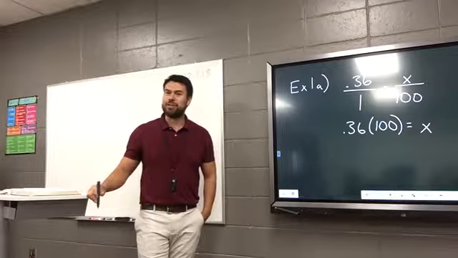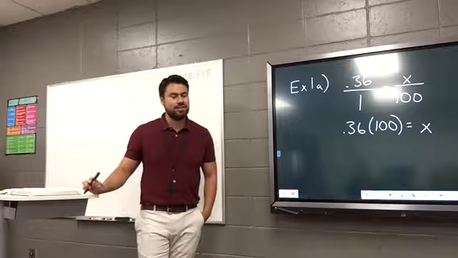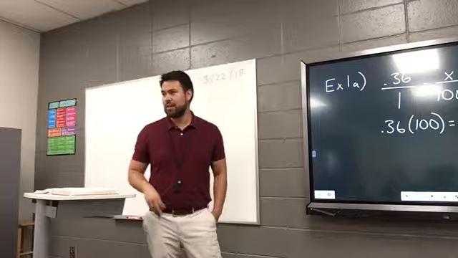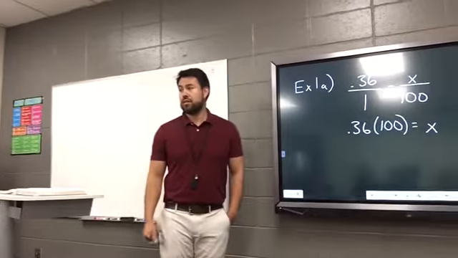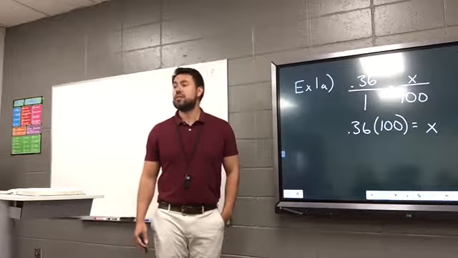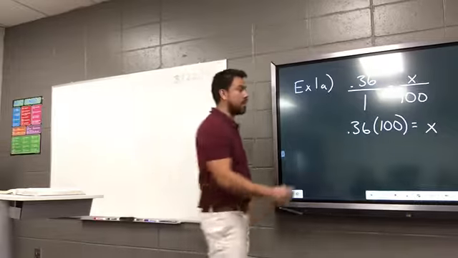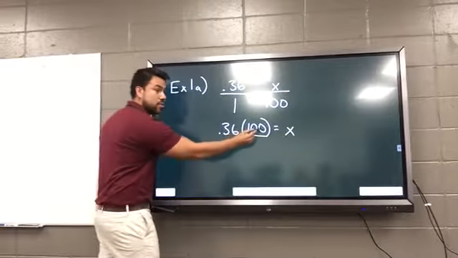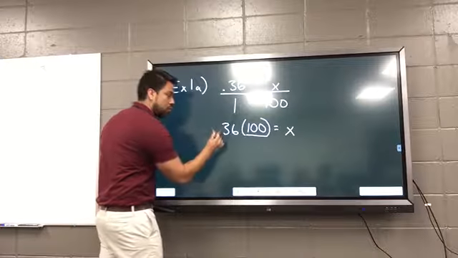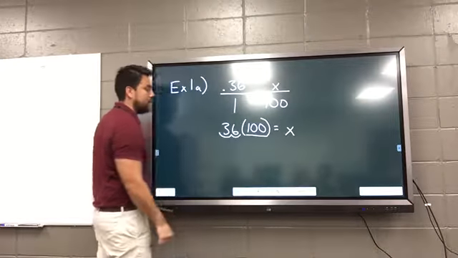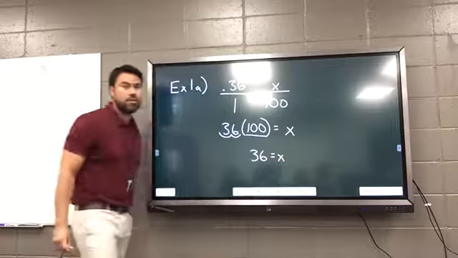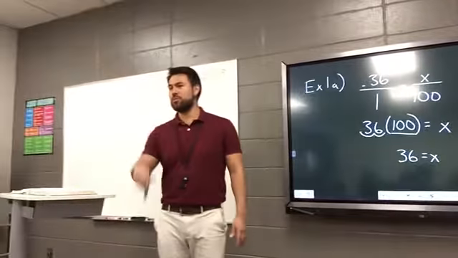That's a big problem, right? Michael, how would you do this? You're multiplying by what we call a power of 10. How many zeros does it have? 2. So you move the decimal twice to the right, and you get 36 equals x, don't you? Yes, I got my answer. Circle it, move on, right?